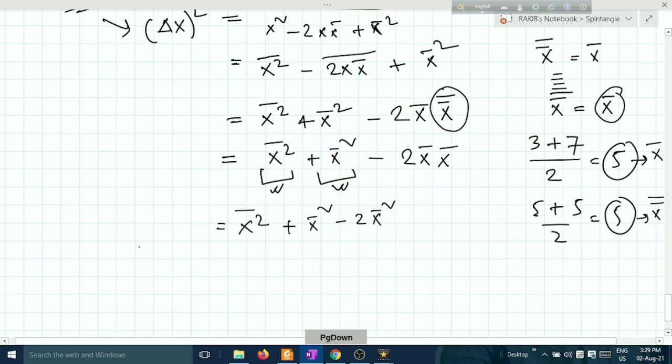Am I correct? You can write it like this: x square bar minus, this term and this term cancel out. What will become? Minus x bar squared. This is called dispersion. I have written it earlier: x square bar minus x bar squared, this is the formula of dispersion.